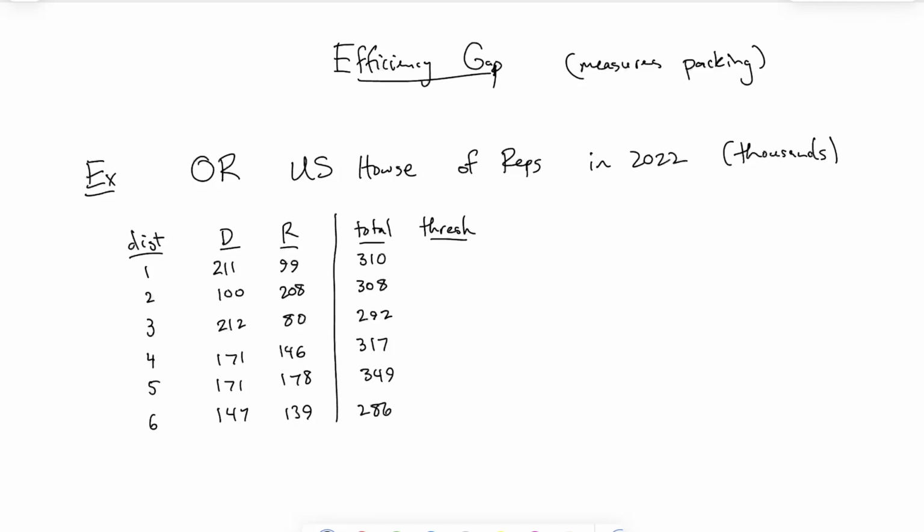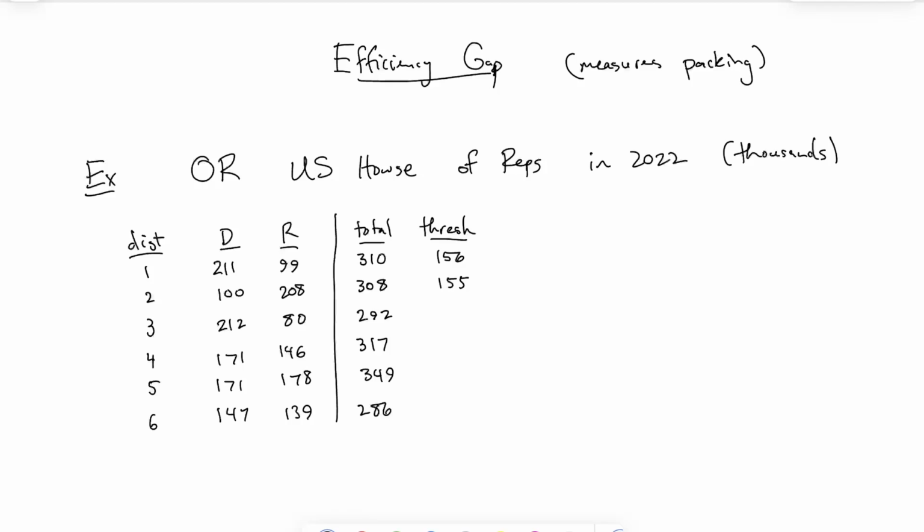And then the threshold each time. So the threshold is always half of the total, and then you go plus 1. So 310, I would do half of 310, which is 155, I guess, and then add 1 to make it an actual majority. So this is 156. All right. 308, half of that is 154. And so I add 1 to that, I get 155.